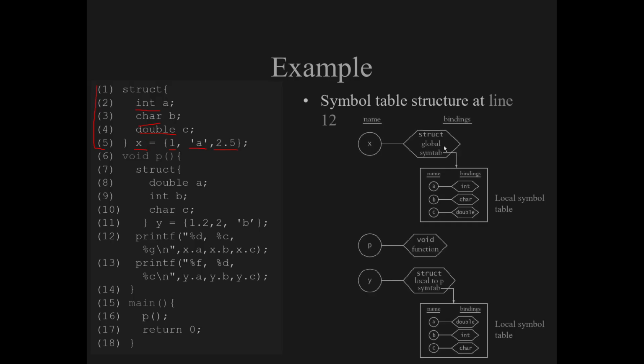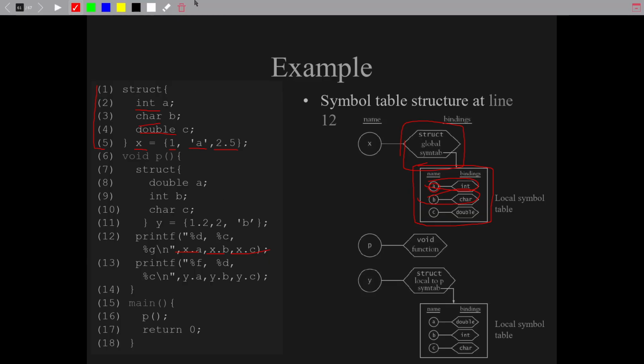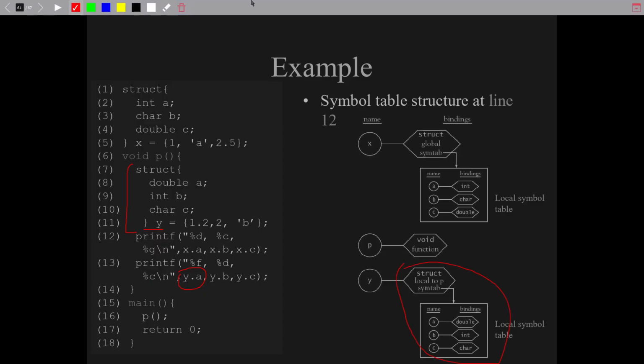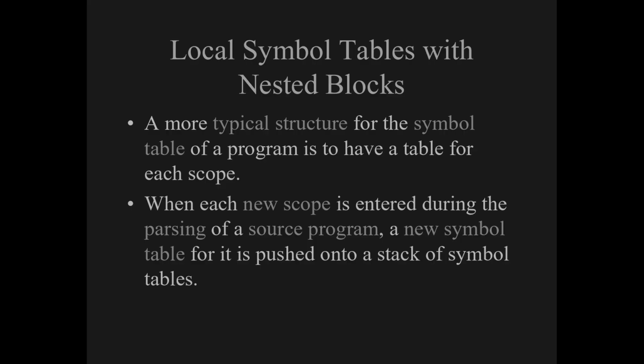Now, this x here refers to a struct. And this struct is itself a symbol table, inside of which the name a, so if you say x.a, that's going to refer to this guy, x.b is going to refer to this guy, and so on. So as you can see here, x.a, x.b, x.c. Similarly, with the y here, a struct of the same attributes, you're going to use y.a, y.b, and y.c. So that's its own symbol table. Okay? Local to y.